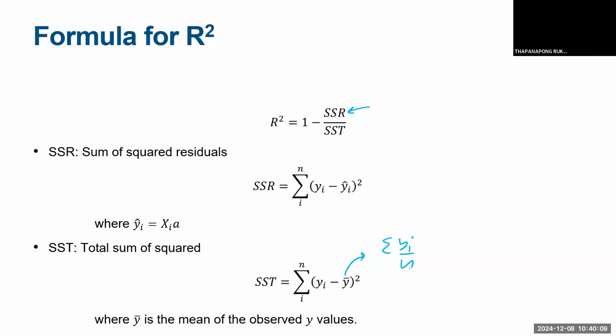And when you do the random guess, you just take the average. Right? For example, if you know that the answer is between 1 and 10, you just take 5. Right? So you compare your model to the random guess. If your model is good, this one is very low.